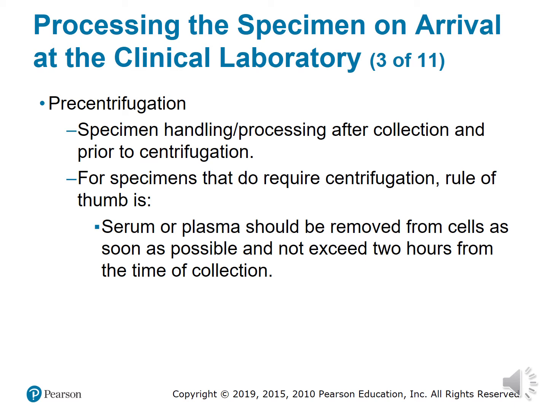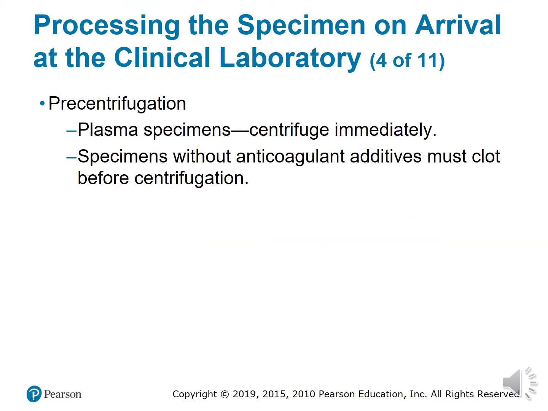Pre-centrifugation specimen handling: processing after collection and prior to centrifugation. For specimens that do not require centrifugation, the rule of thumb is that serum or plasma should be removed from cells as soon as possible and not exceed 2 hours from time of collection. Plasma specimens: centrifuge immediately.